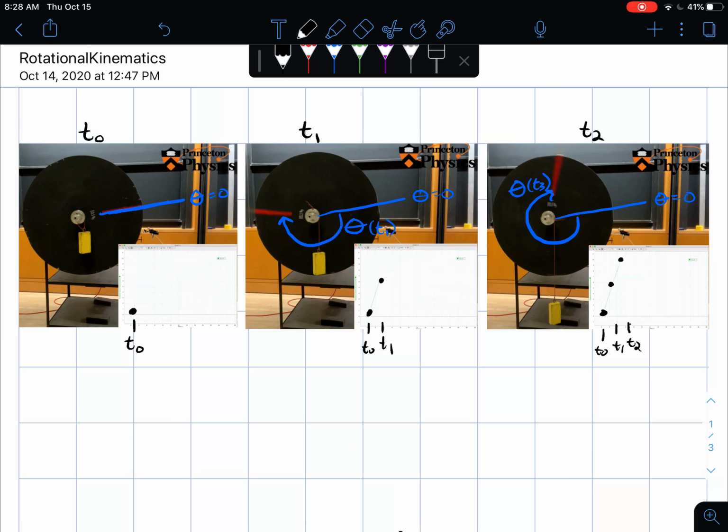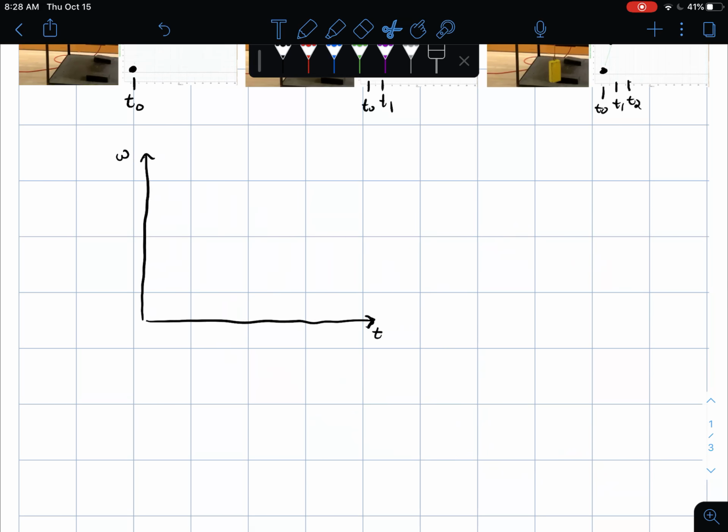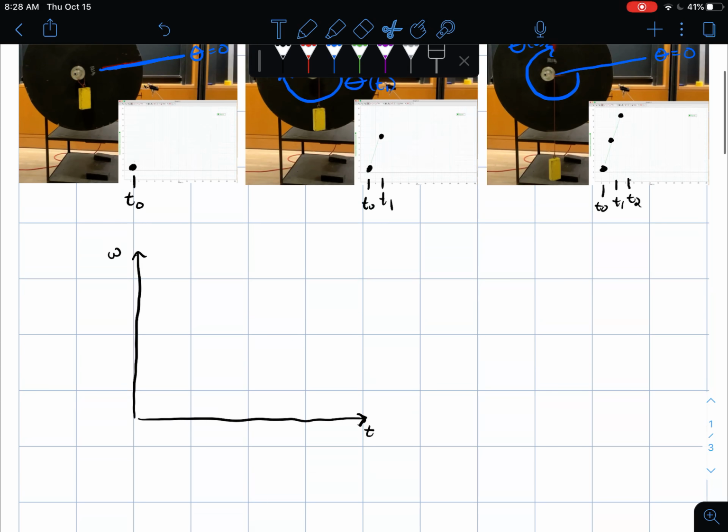If you remember from the video, at least at this point, while the brick was falling and there was a tension, these points all were along a straight line. So let me make a bigger sketch. All I'm sketching is my own version of the data that we saw on these plots.